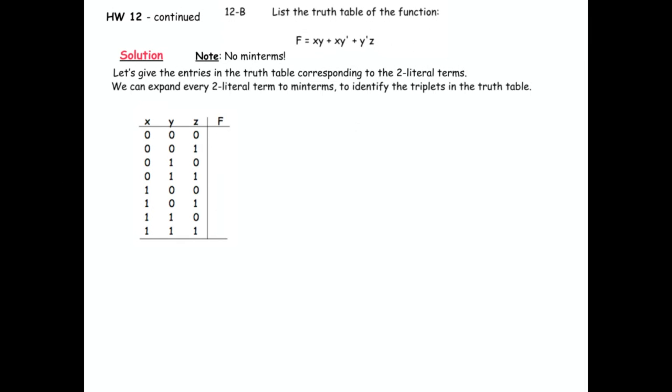Of course, we can expand every 2 literal term to minterms to identify the triplets in the truth table. So, question to you: how can we easily expand each of these terms into minterms?